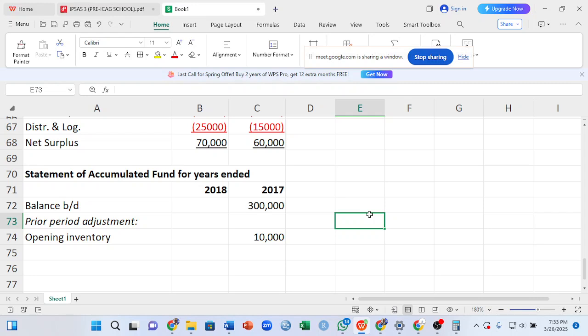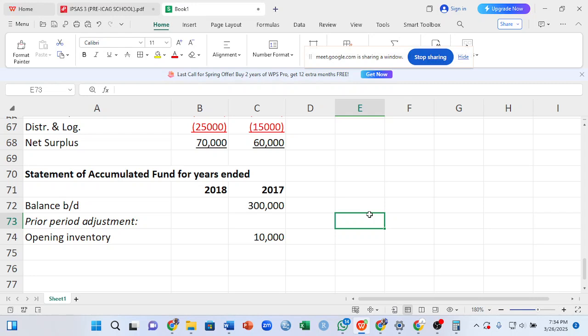So we have to add it back, and there's the 15,000, which is the closing stock, to get the actual accumulated fund for 2017 since we have changed our policy. So since it wasn't passed, did we understate or overstate the profit in 2017? Yes, we understated it, but the closing stock will come and reinstate the actual profits that we are supposed to get in 2017.